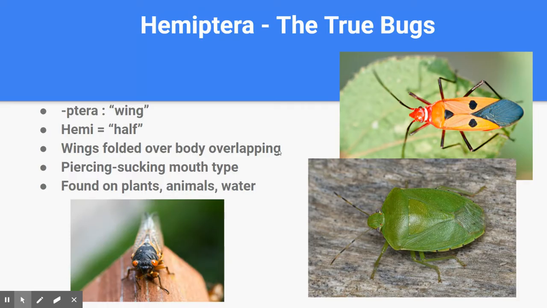And you'll see this throughout the majority of the orders we look at: Ptera. That suffix translates to wing. So you are probably familiar with the pterodactyl. Maybe you've seen this used in other ways, but ptera means wing. Hemi means half.